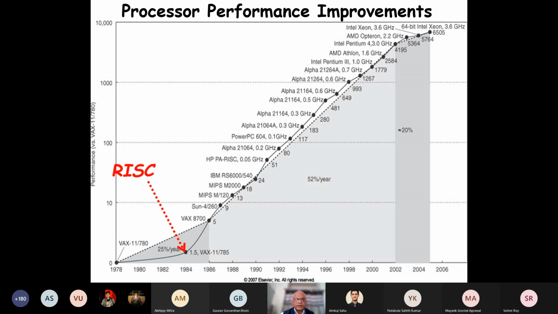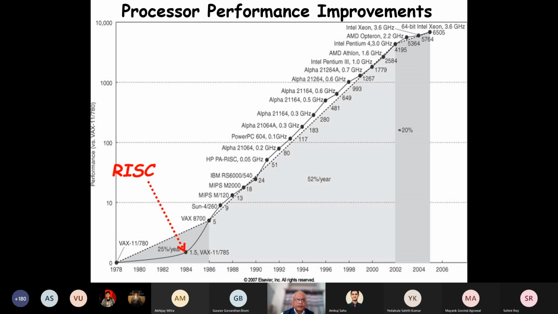And look at this. This is the performance. The other one, we were looking at the number of transistors, density and so on. But here we are looking at the performance of the computers. Not Intel, there are various computers here, AMD, Alpha, etc. And this is also taken from the book.